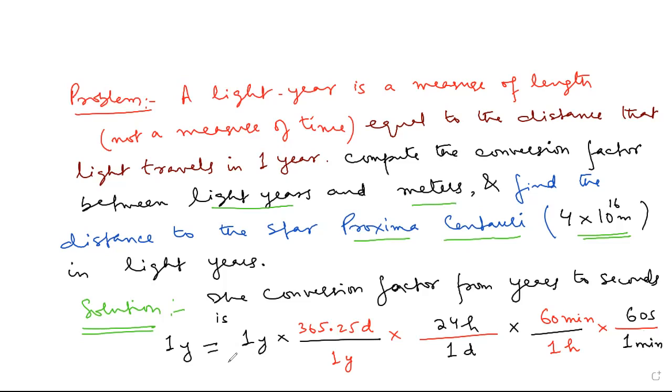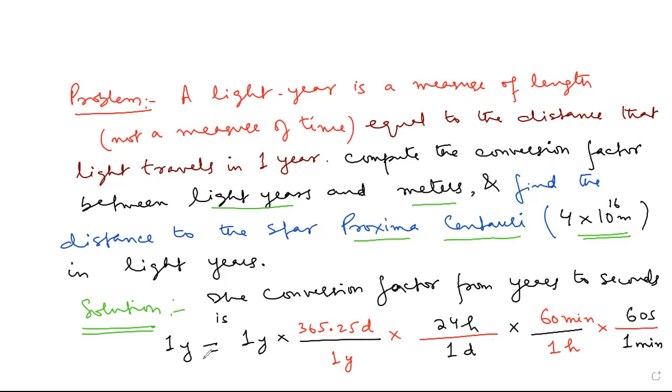Understand this. I'm writing 1 year is equal to 1 year multiplied by 365.25 days over 1 year multiplied by 24 hours over 1 day multiplied by 60 minutes over 1 hour multiplied by 60 seconds over 1 minute.